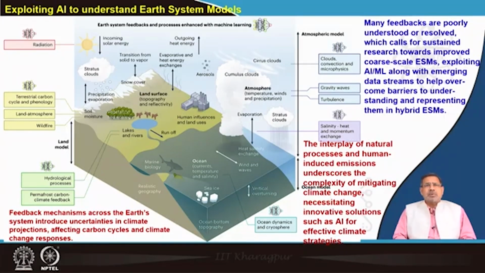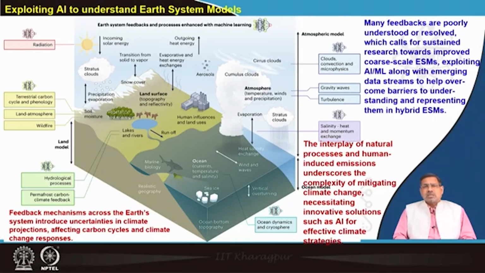So what I mean to tell you is that the Earth system models represent various understanding and processes, including the predictions as far as the climate system is concerned. So the data-heavy algorithms coming through AI and machine learning help in understanding the Earth system models better. The interplay of natural processes and human-induced emissions underscores the complexity of mitigating climate change.